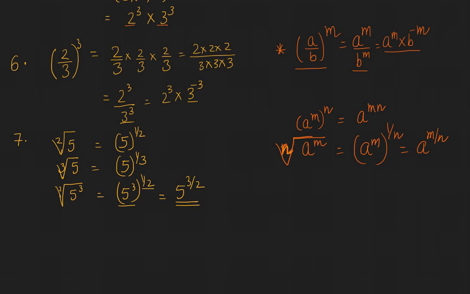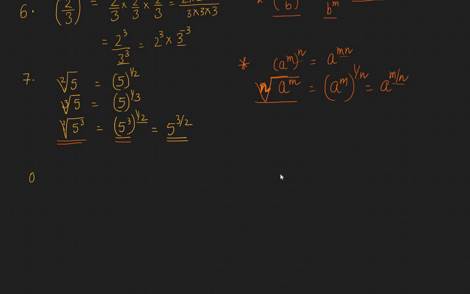I hope it's not confusing. You can look at this: it's the second root of 5 cube, and here it is 5 cube power half, since for the nth root it's 1 by n. And as you can see above, we just multiply the powers, so you get a power m by n. This is how you generalize that into a rule.